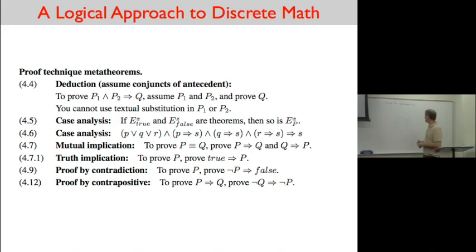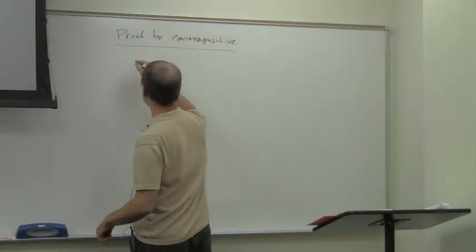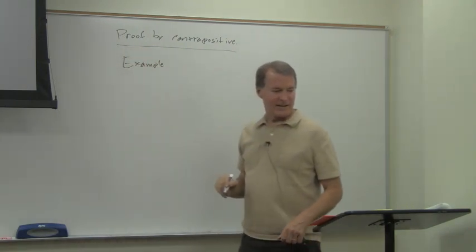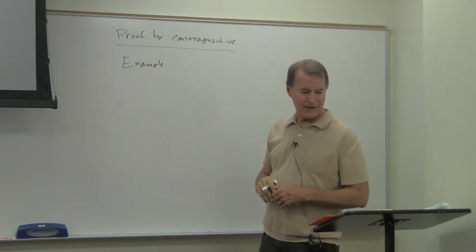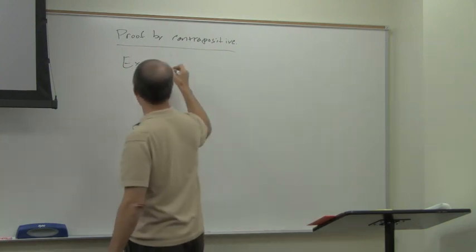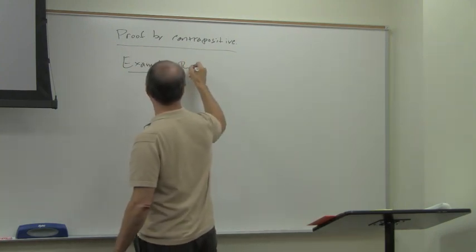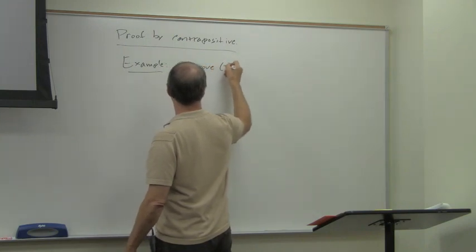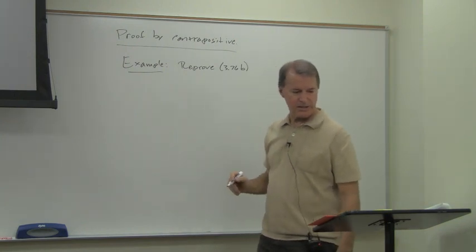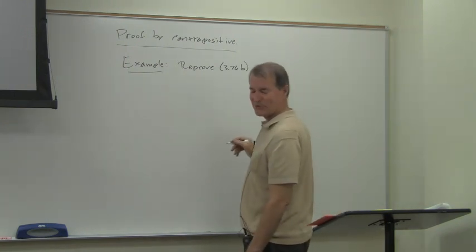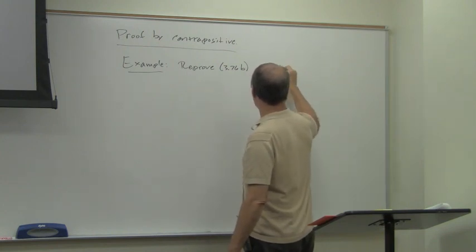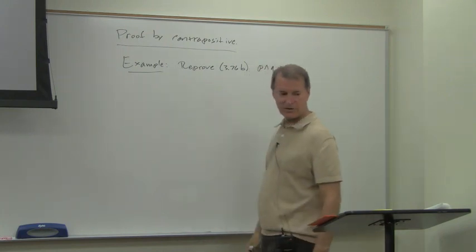All right, so let's do an example. This is an easy one. Let's reprove 3.76b, which is, oh, our old friend we just looked at: P and Q implies P. Okay?